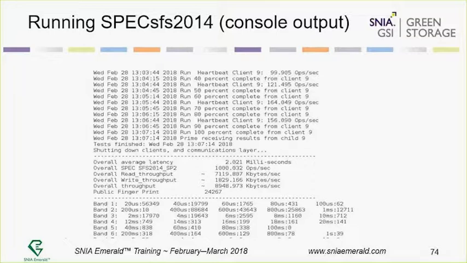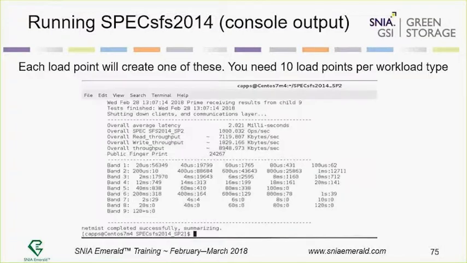On this one, he had band 6, with 39 ops that actually took 1 second to complete. So you get your distribution of what your ops look like and see how well your system's actually behaving. And then when he's done, he finally says, oh, look, I completed successfully, and I'm generating my summary data.